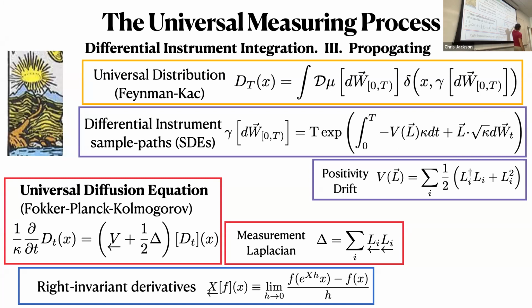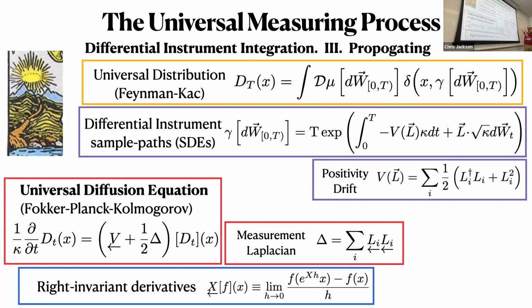Yes, but these dW's are independent, and so they give different squares. If this was the sum of the L's and this was one Wiener increment, then you'd get the sum squared. But you get independently squared because each of them has their own Wiener increment.